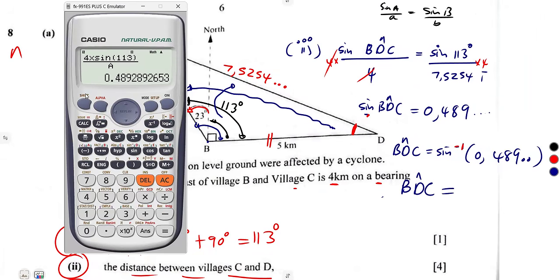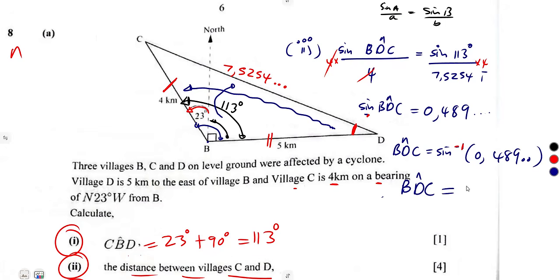Press shift or second function on your calculator, then the sine button, of that answer that we had. So that was going to be 29.23 and so on. Remember, angles to what? 1 decimal place as per instruction. So the 2 is going to change into a 3: 29.3 degrees, to 1 decimal place.